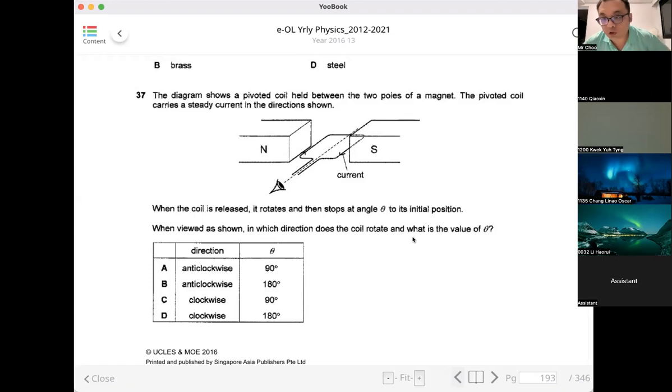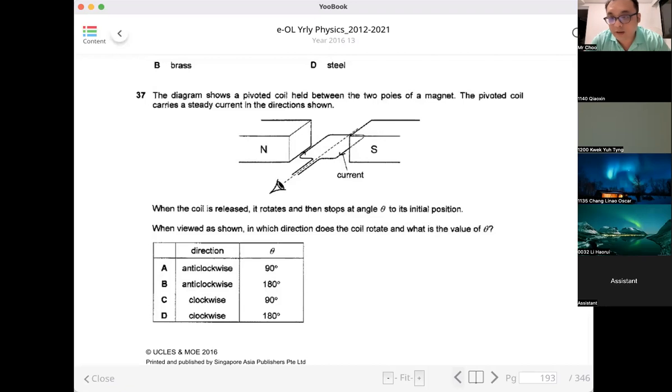Okay, very good, Yu Ting. Very good, Xiao Xing. Yu Ting, you got it correct. Okay, I asked a question. This question uses what rule? And before that, Ryan asked me a question.